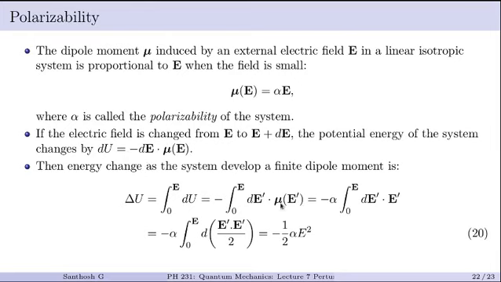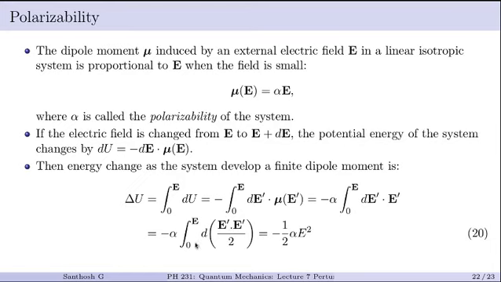Then mu E is replaced by this expression, and alpha can be taken outside, and therefore this is equal to integral from 0 to E, then dE dash dot E dash. But this expression is half of the derivative of the dot product of E dash with itself.